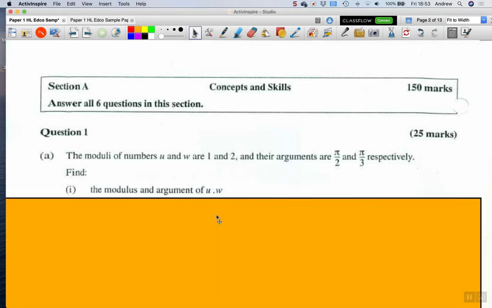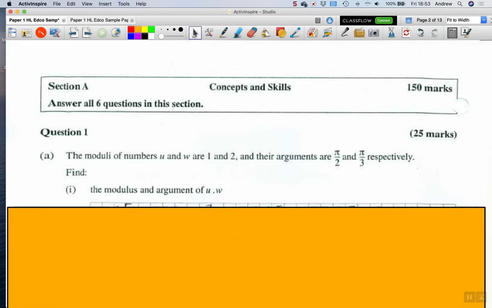The question basically asks us to find the modulus and argument of u times v. So straight away, you've got to be reminded of what modulus argument form is.